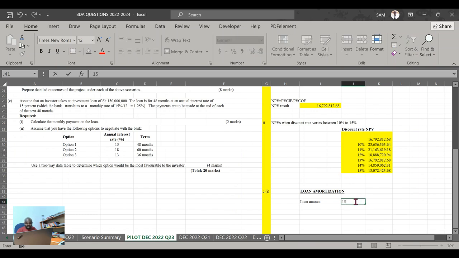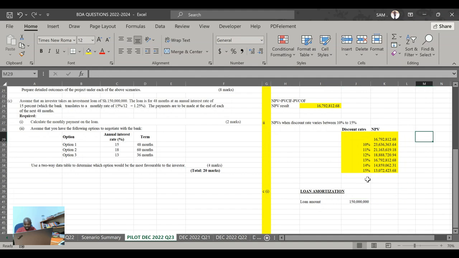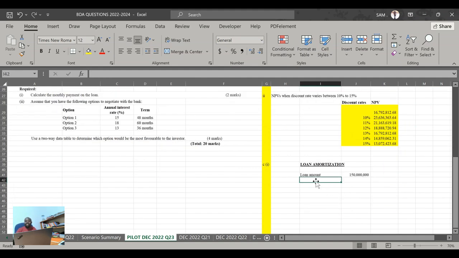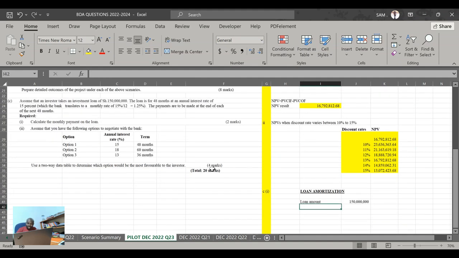So it is 150 million. Let me just put the comma style, and I don't want any decimals there. Then we are told that this loan has an annual interest rate of 15%. So annual interest rate is 15%, like that.